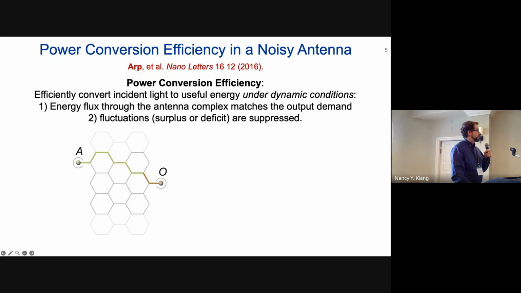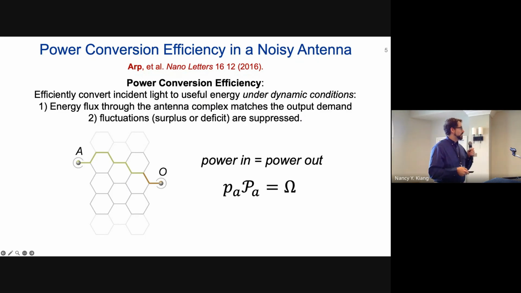So the first condition we write down as a matching model, where you consider the input power of one input channel. That is, script A is the power that might come in through a channel, and you multiply that by a probability, the probability of absorbing a photon and having it enter your system. And then I'm trying to match that to some output power omega.